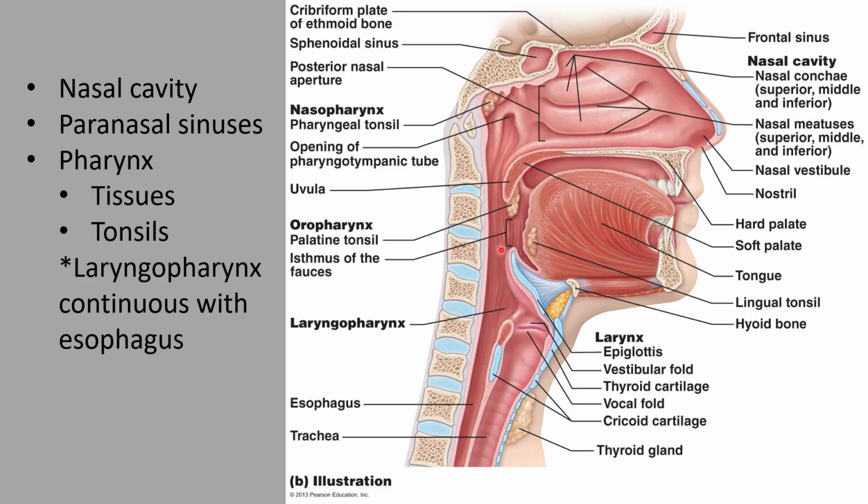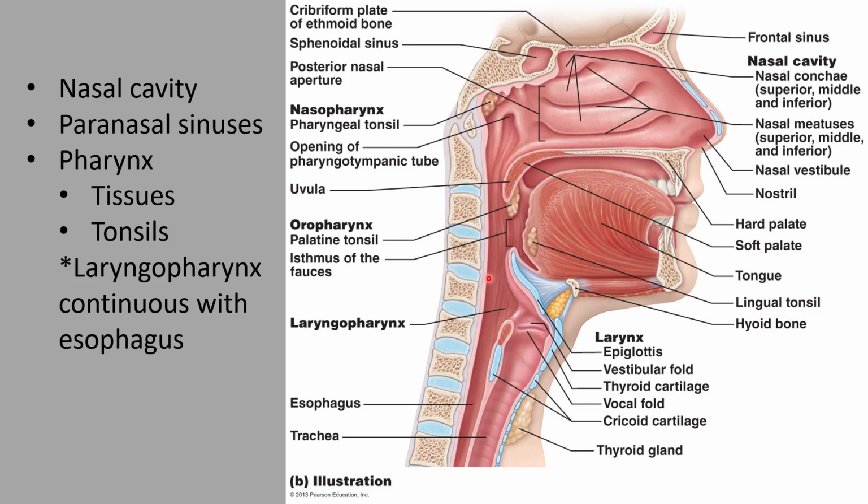Now, the laryngopharynx, this is where things split. There are actually two tubes that go down through our throat, and they split at the laryngopharynx. The posterior side of the laryngopharynx, so the back portion of our throat, right up against our spinal column actually, is the esophagus.